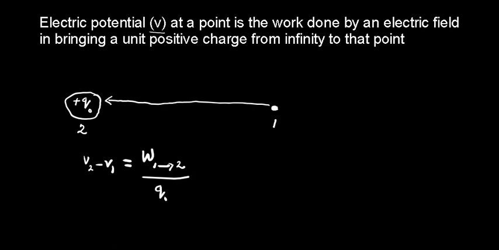Okay. Now, let's assume point 1 is at infinity. Let's assume that this point 1 here is at infinity. We'll put a sign for infinity. Now, remember that electric potential at infinity is equal to 0. That is, V at infinity is equal to 0. Is that understood now?